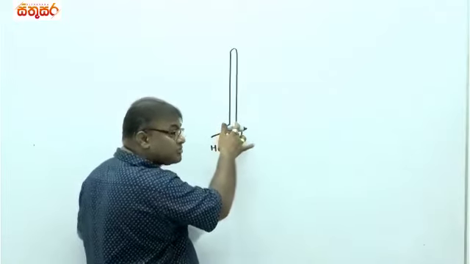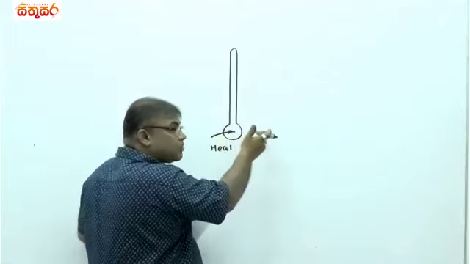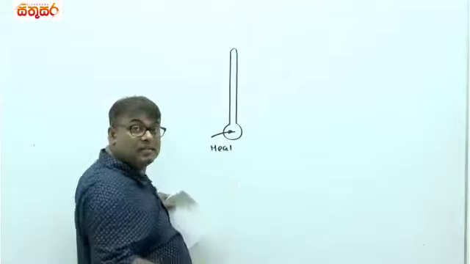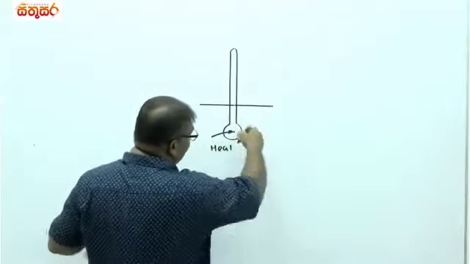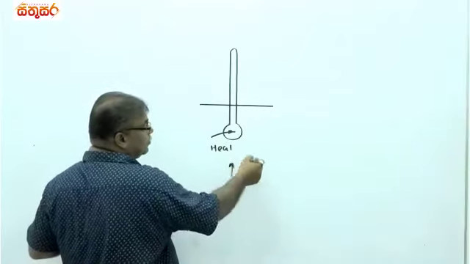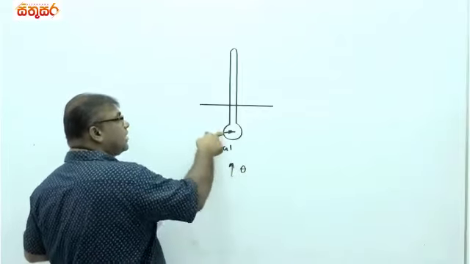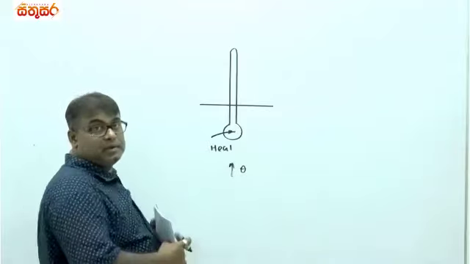This thermometric property won't respond to other physical quantities that vary in the surrounding. If this is immersed in water and we increase the temperature of the water, only the change of temperature is responsible for the reading.